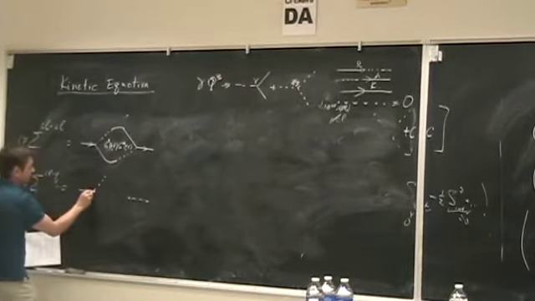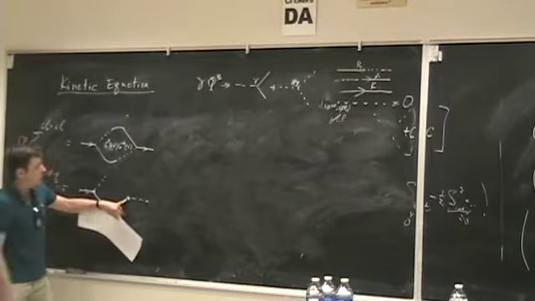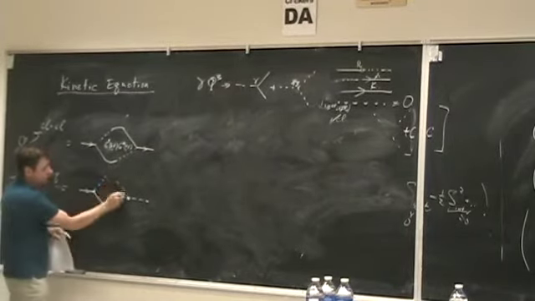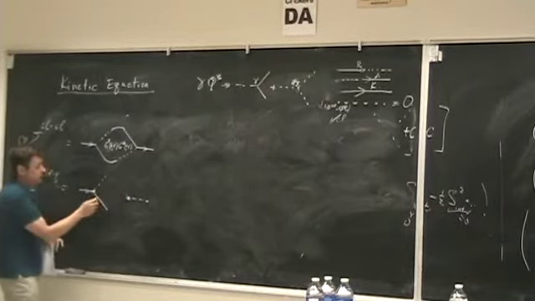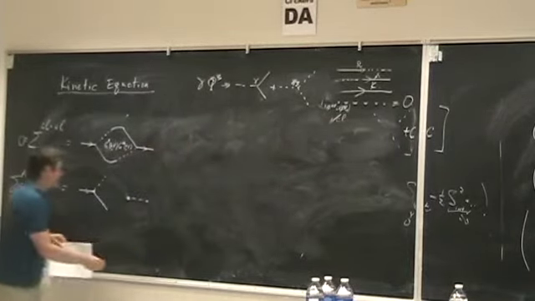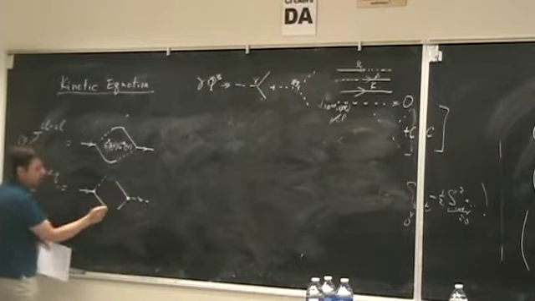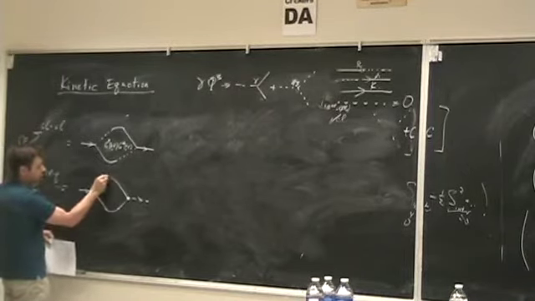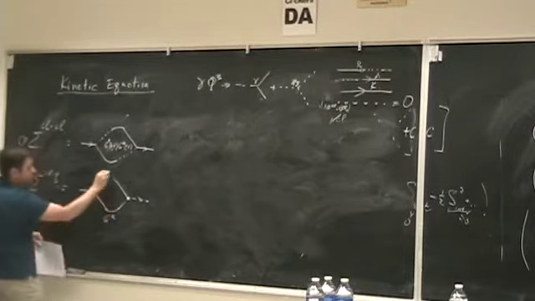Now for this vertex, you see that if I try to take this fellow, I will necessarily have to contract a dashed line with a dashed line, and that's a bad idea. So the second one must be one of those. But now the external leg is dashed, so the remaining two legs are full. So now I do the contraction this way. This is my G Keldysh, and this is my G advanced.